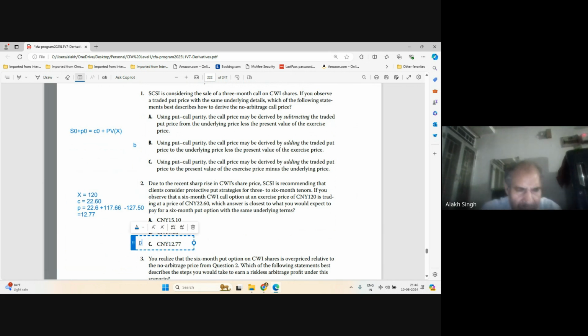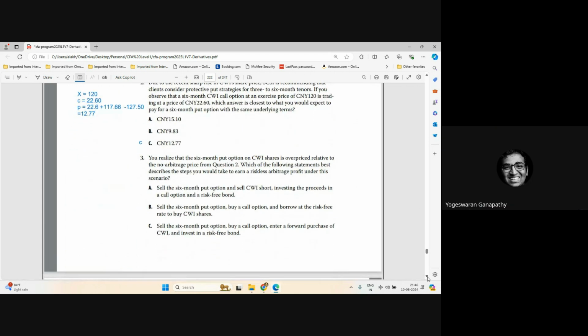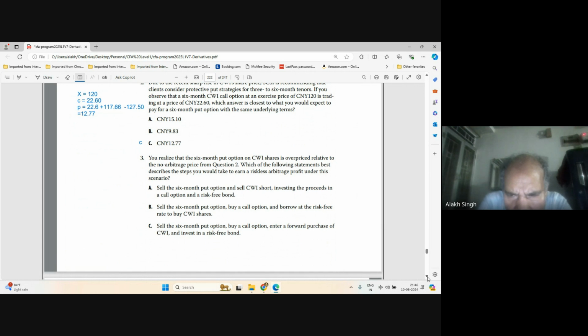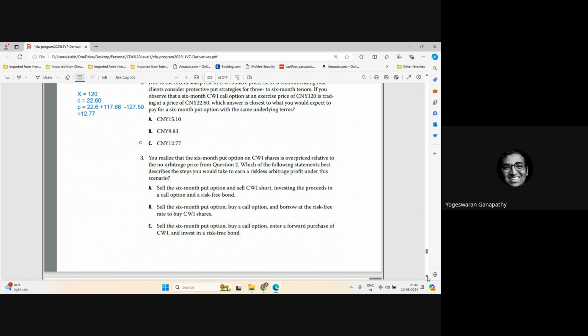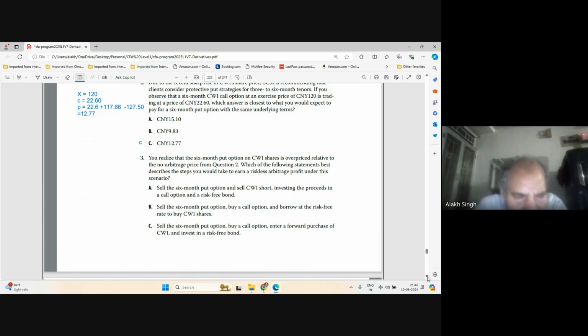Okay, let's go down. You realize that the 6-month put option on CWA shares is overpriced relative to the no-arbitrage price. Which of the following statements describes what you would do to earn a riskless arbitrage profit? So the put option is overpriced, which means we will sell it.